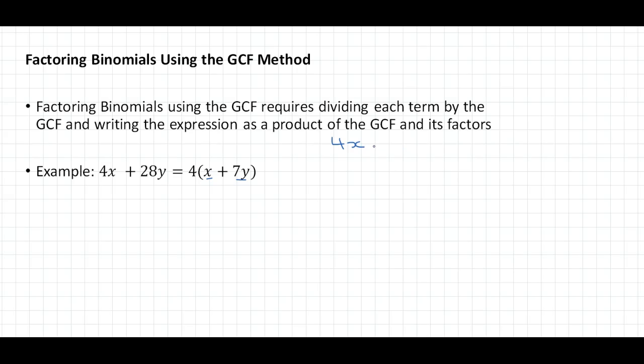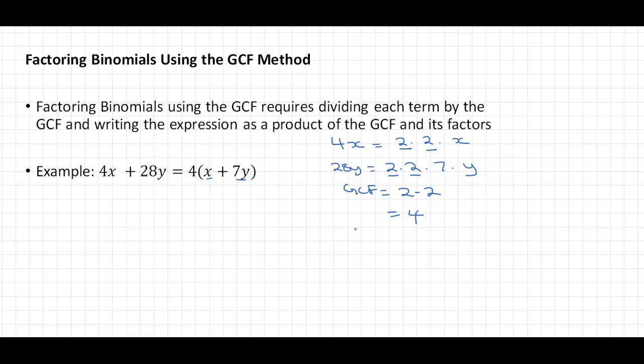So 4x is equal to 2 multiplied by 2 multiplied by x, and then 28y is 2 multiplied by 2 multiplied by 7 multiplied by y. So now our greatest common factor is going to be the term that appears for both of them, 2 and 2. We can't see any other common terms. So 2 multiplied by 2, which is equal to 4.